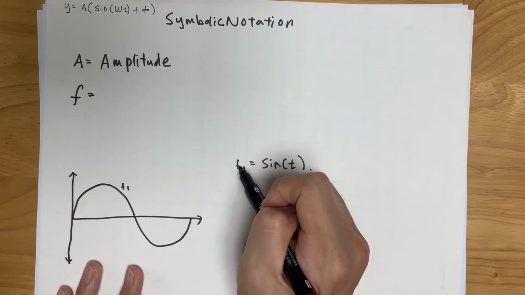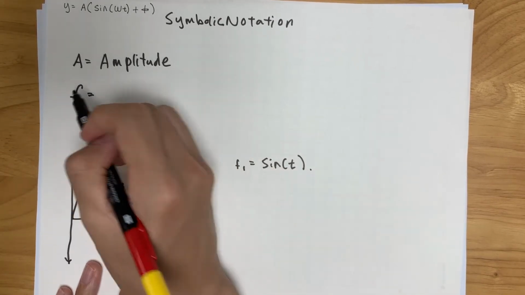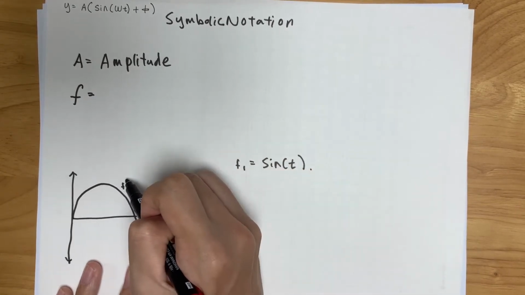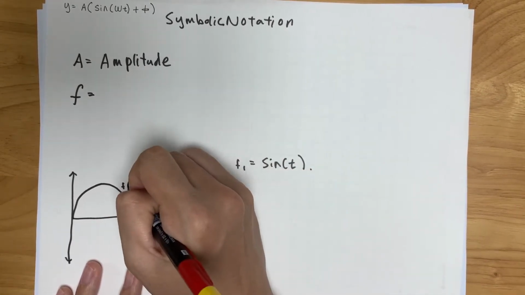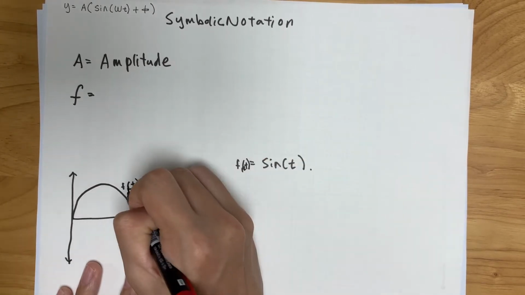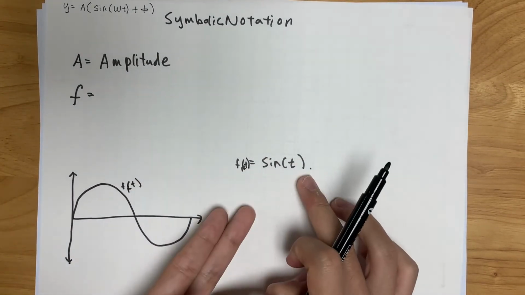This is actually meant to be a function, but this is also frequency. I don't want you to get confused, so I'll write it as f of t. That's better. f of t, f1. Yeah, let's say it's like this.